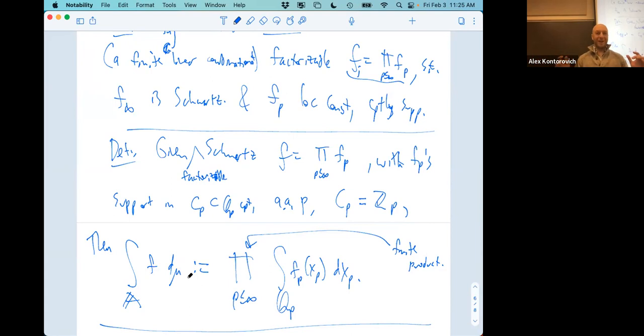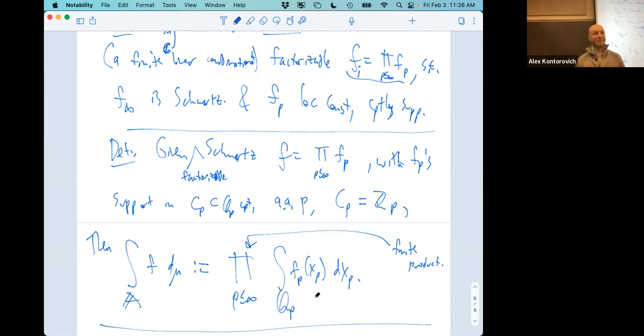We have to restrict it to the adeles, but actually we do even better than that. We only apply this to functions that are the indicator function of Z_p for all but finitely many places. So we're making our lives much simpler.